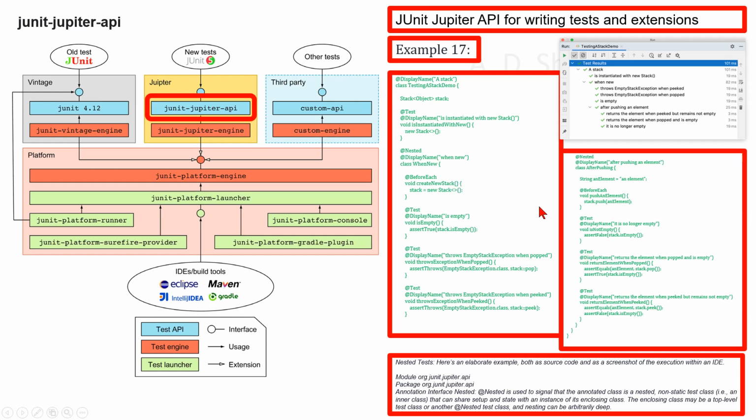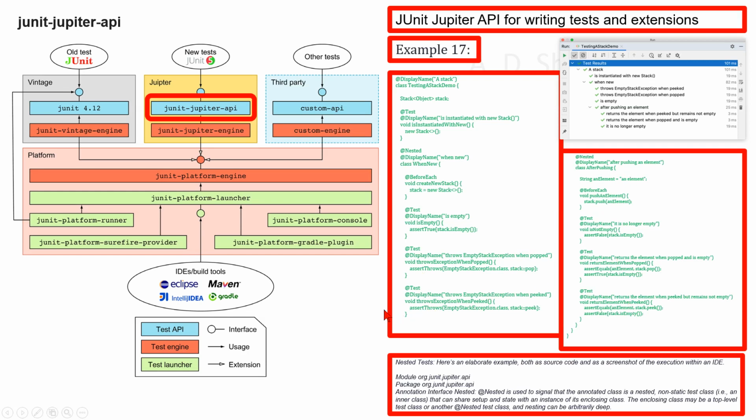When executing this example in an IDE, the test execution tree in the GUI will look similar to the following image here. This is executing a nested test in an IDE. In this example, preconditions from the outer tests are used in the inner tests by defining hierarchical lifecycle methods for setup code.